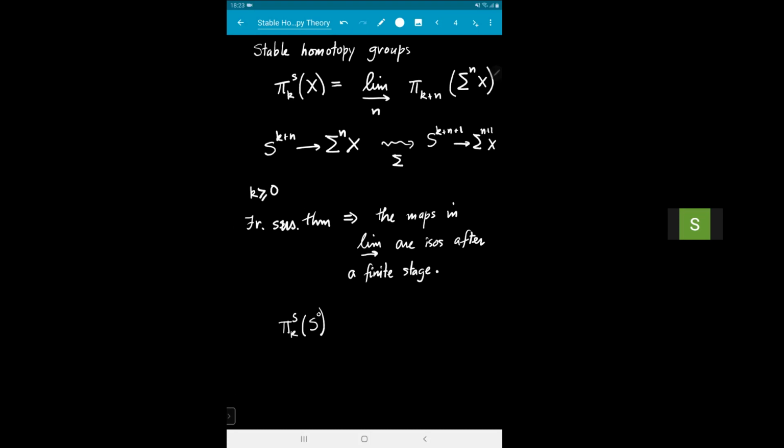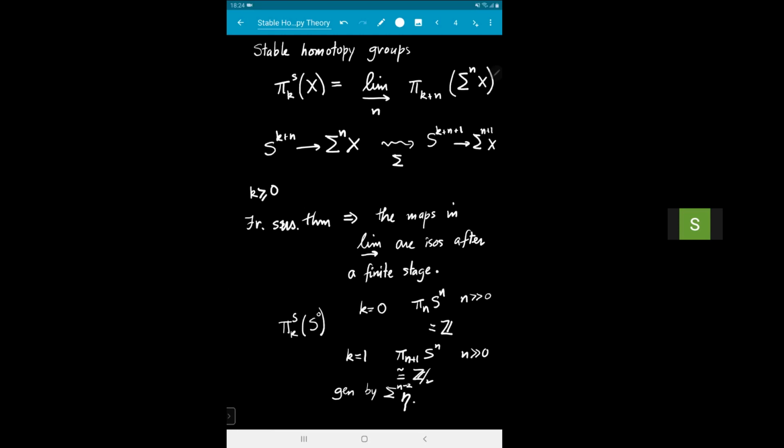Because if k equal to 0, this corresponds to pi n of Sn for n large, and that is actually Z. So this is Z by the Hopf degree theorem, and k equal to 1 corresponds to pi n plus 1 of Sn, n large, and this actually turns out to be Z mod 2, and this is generated by suspensions of eta, sigma n minus 2 of eta.